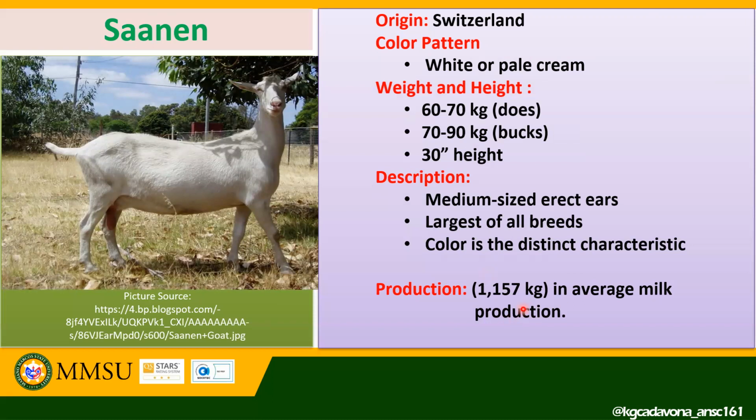So they usually have etong tinatawag natin na large udder capacity and are popular with dairies due to the quality of milk they produce. Okay, so yun yung pinaka-distinct na characteristic naman ng Saanen.